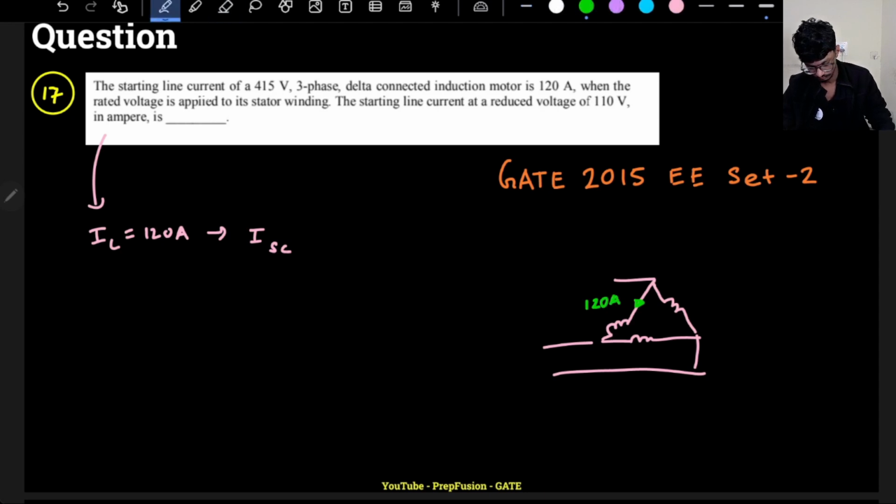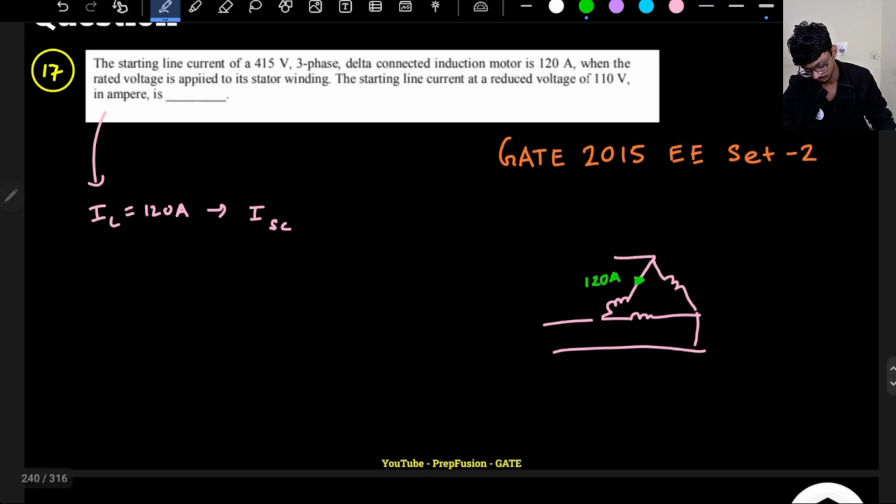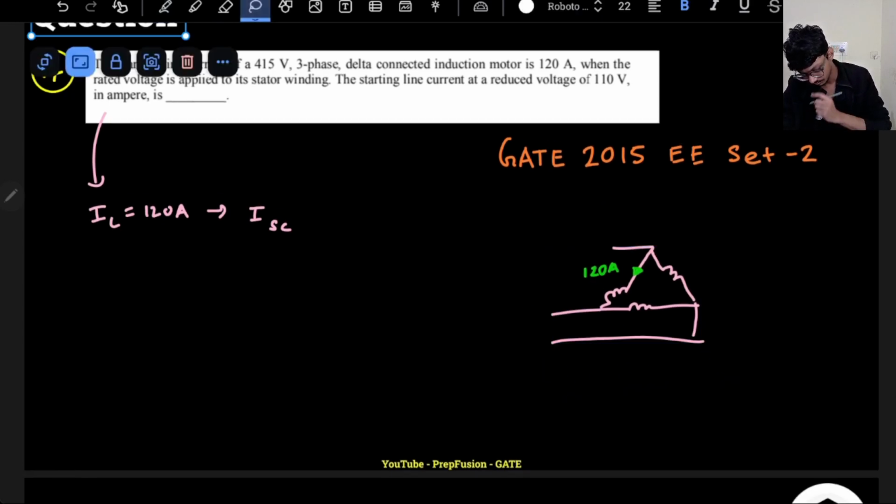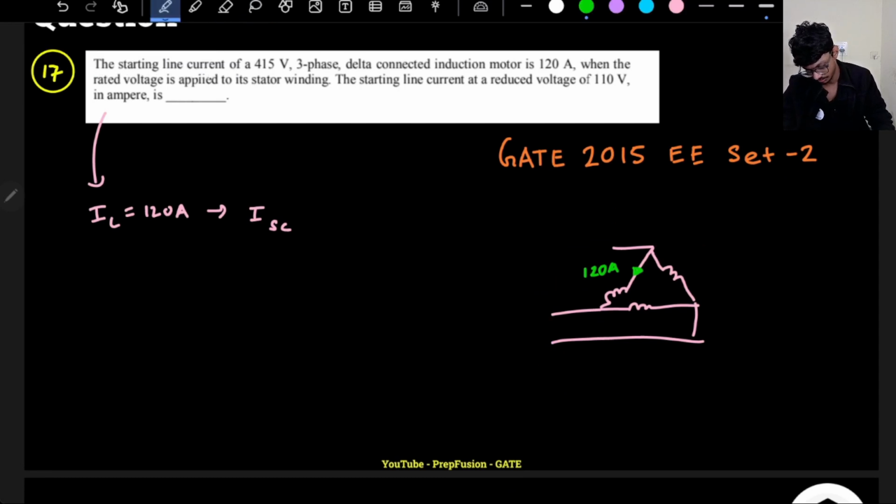Okay, 120 amperes of current. So then what I can say, line current is 120, so starting current is 120 divided by root 3 in the phase.